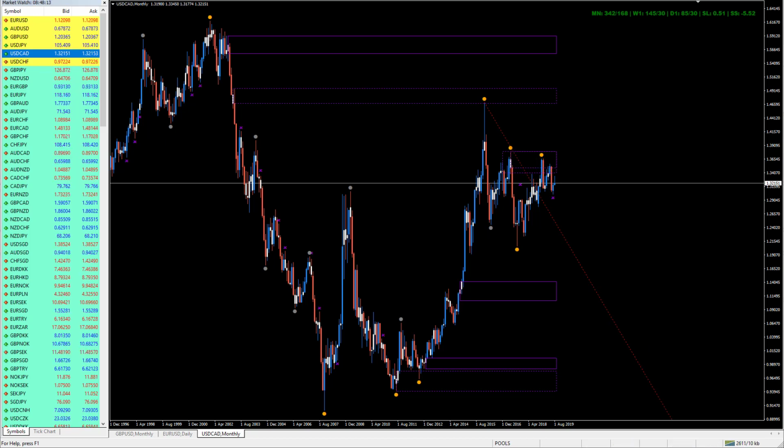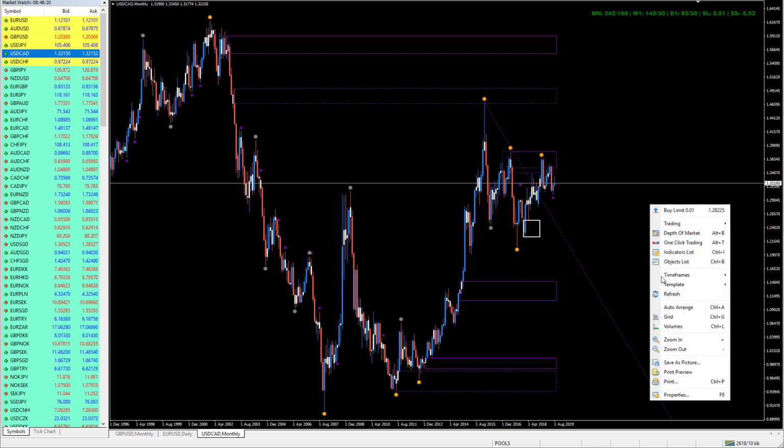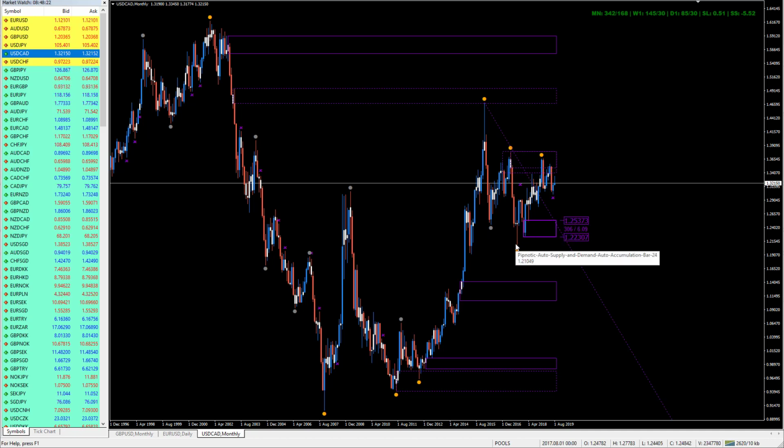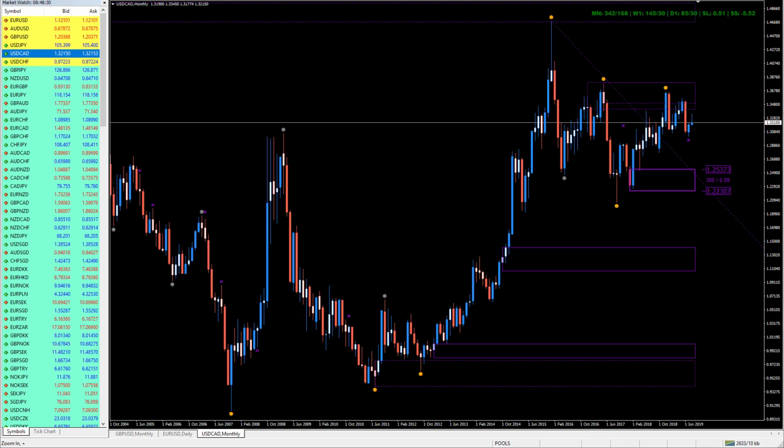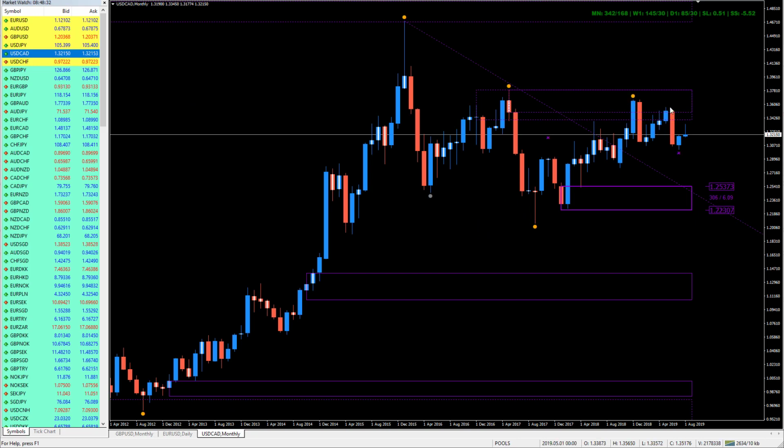The origin of this entire move comes from here. We have a wick down here, which is testing this. And we have this down here. So for the time being, matter of fact, we can draw here high, low, lower high, lower low. So we do have this.